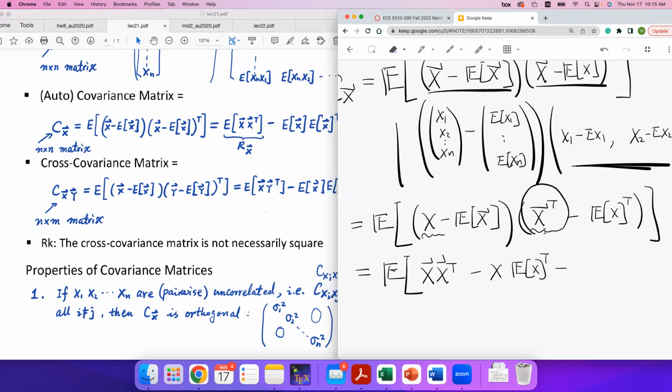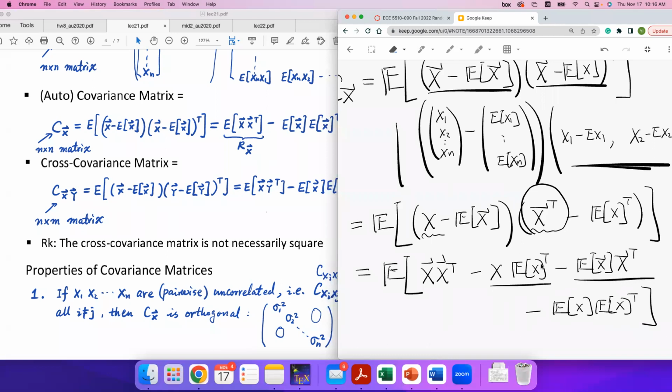Here you have EX times X transpose, and you have EX transpose.